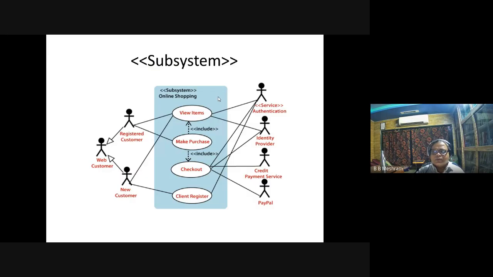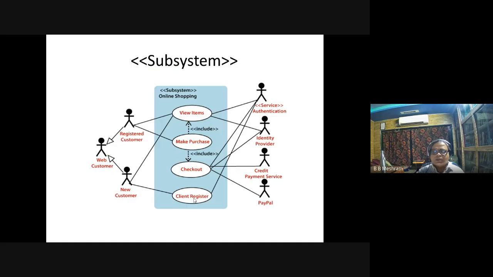Now you see this subsystem for online shopping. So this is a system stereotype that you have to write at the top of the system and view items, make purchase, checkpoint, client registration.